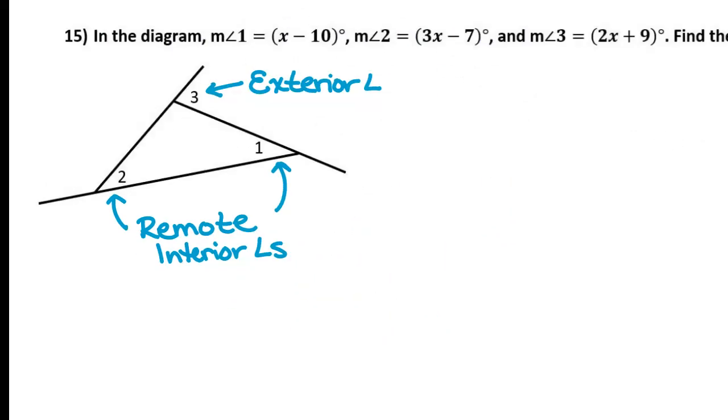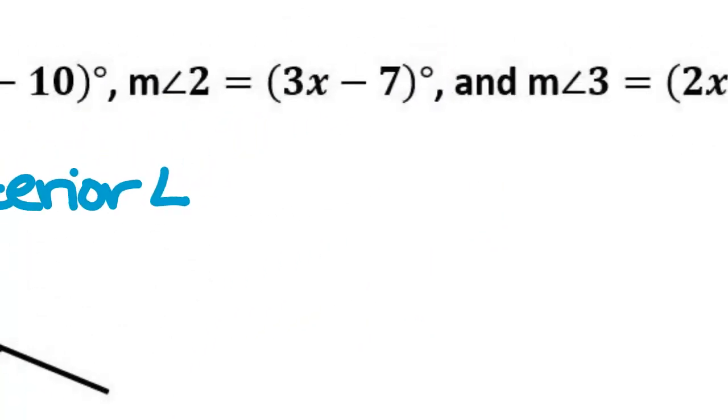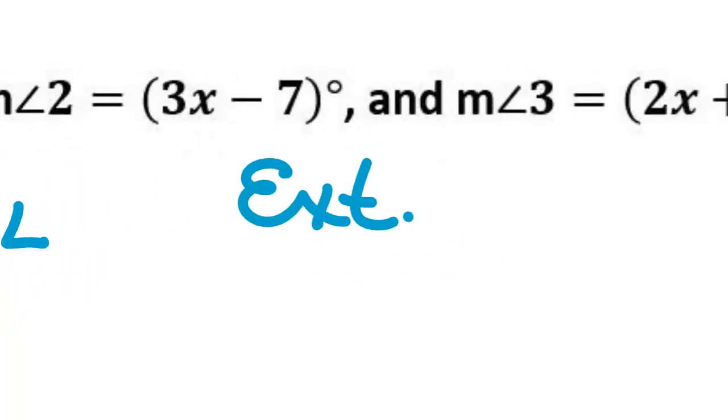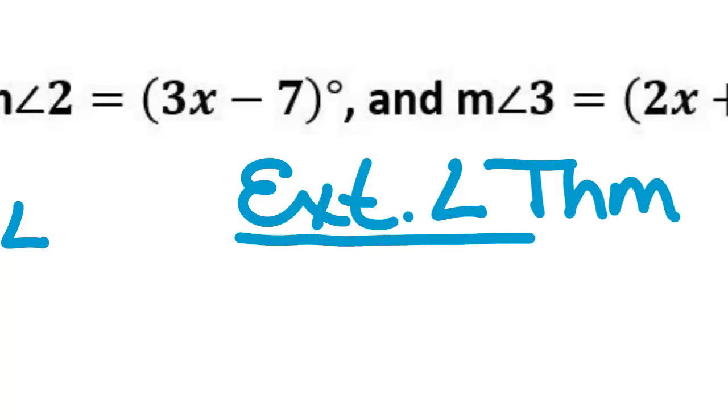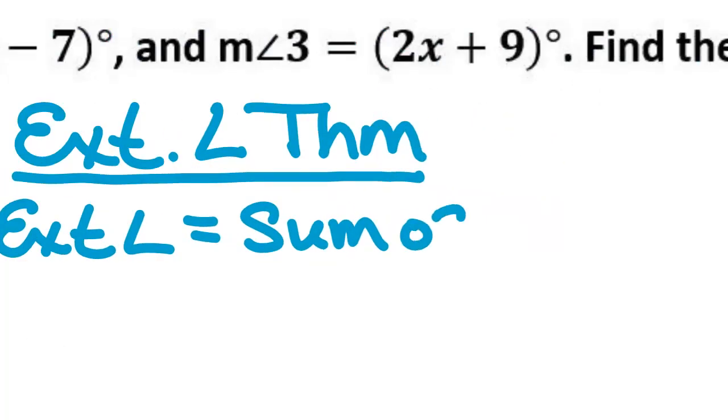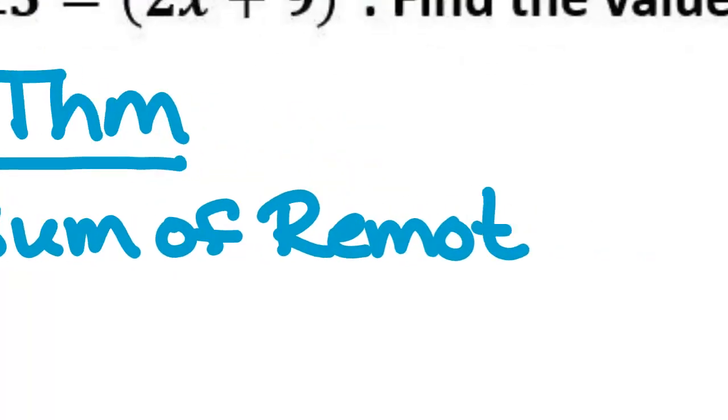And we learned a theorem right at the beginning of this module. It's my exterior angle theorem. This says that my exterior angle is equal to the sum of the remote interior angles.